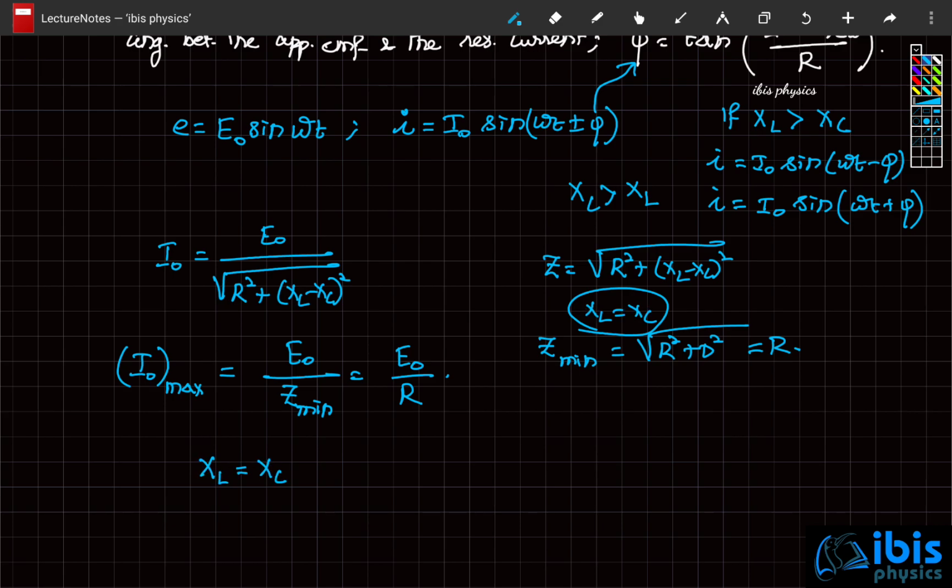So the circuit draws maximum current when XL is equal to XC.